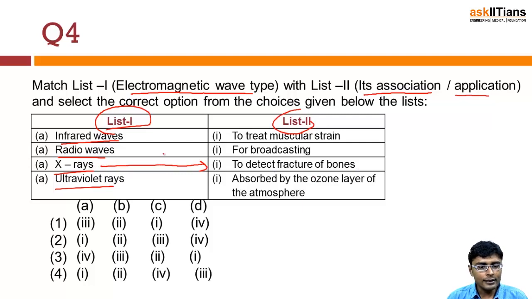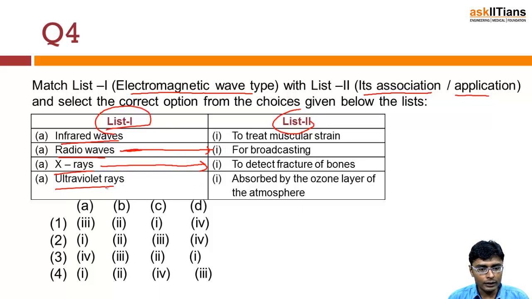The next one is radio waves. The radio waves are used for broadcasting, because in radio waves we are not having a wireline channel, we are having a wireless channel, that is a radio channel. So the signals can be sent in any direction. That means the signal can be easily broadcasted. Therefore the radio waves are used for broadcasting.